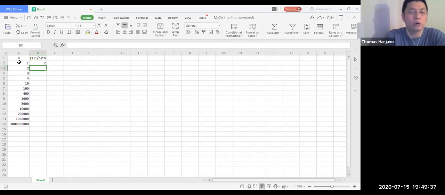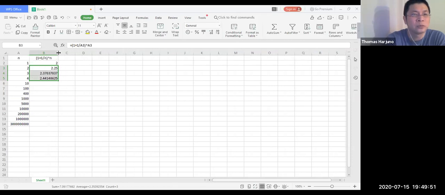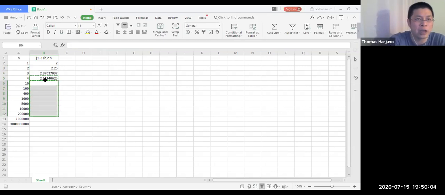So when n equals 1, that expression is 2. Now, when we increase n, it seems like the value is increasing. You may think that eventually it goes to infinity. It turns out that's not the case, because even though it is increasing, the increase slows down.